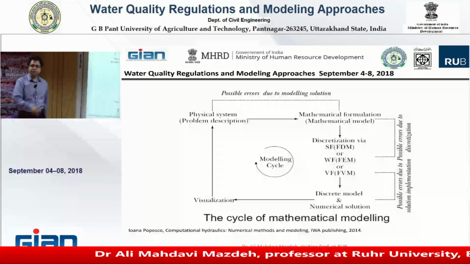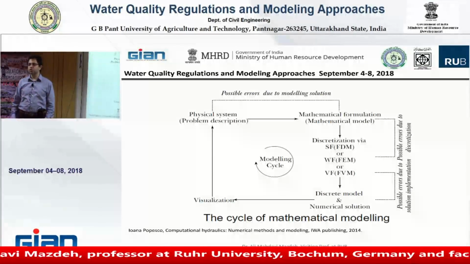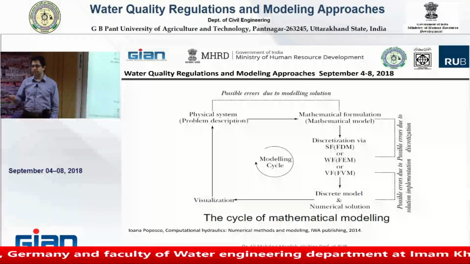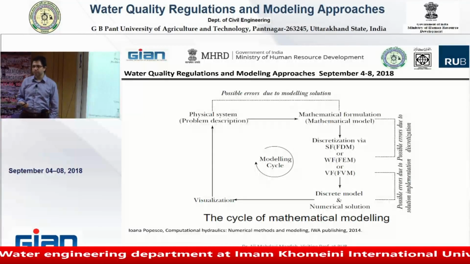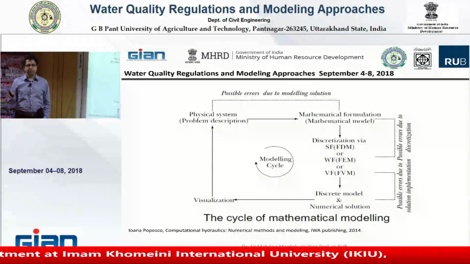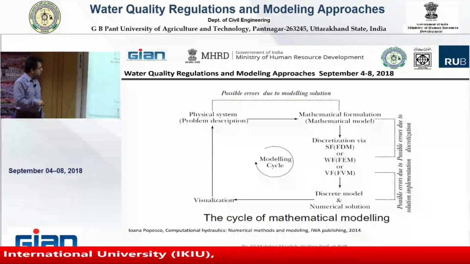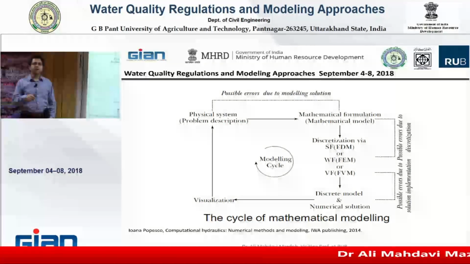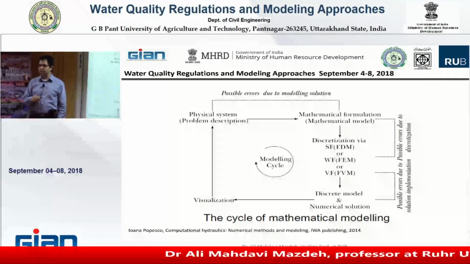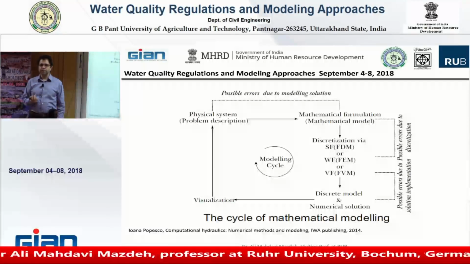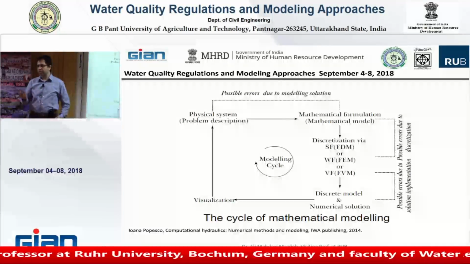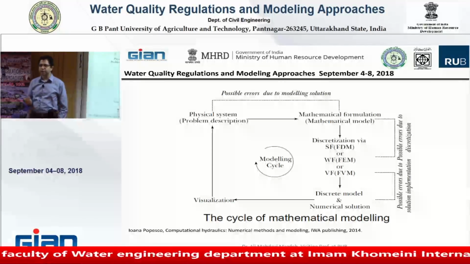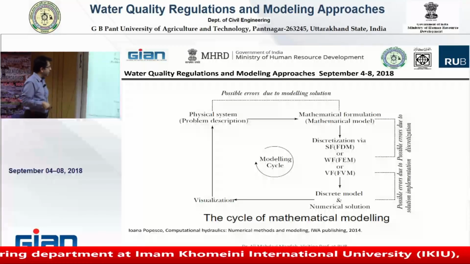You go through this cycle, then you reach an efficient and optimized answer to your question. But it is not as bad as we are describing here. Usually we can get a good, acceptable result that can help us in our engineering aims and objectives.